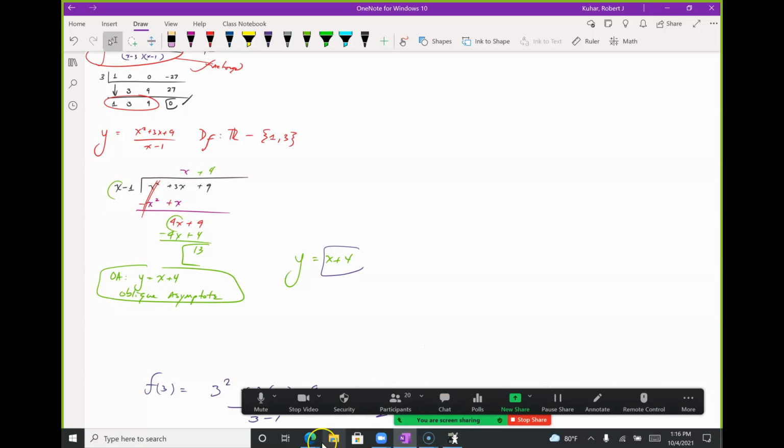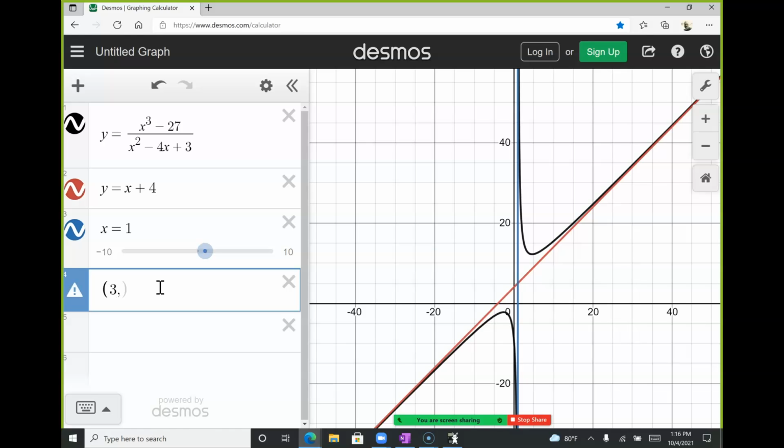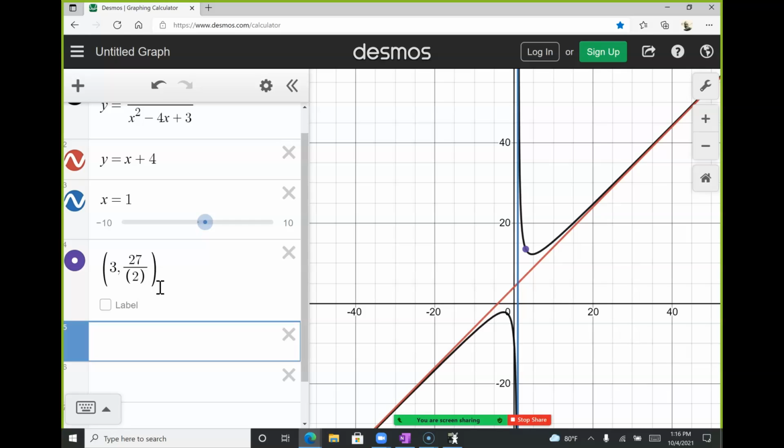So x is 3 and the height is 27 over 2, the point 3 comma 27 divided by 2. There's a hole in the function there. I can't tell that there's a hole there because it's infinitely small, right? But there is one there. Pretty cool. It's a lot of work.